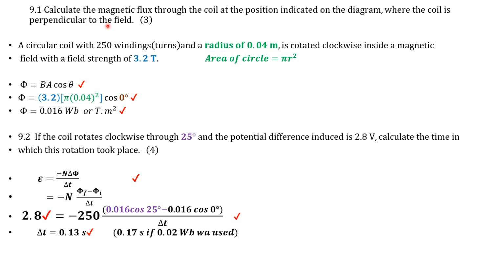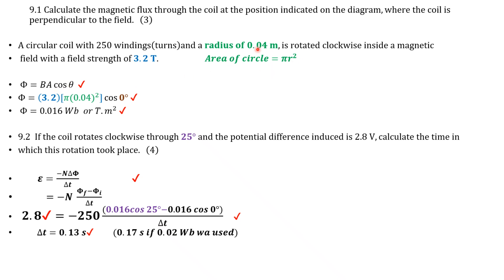Right, so calculate the magnetic flux through the coil, at the position indicated where the coil is perpendicular to the field. So a circular coil, 250 windings and a radius, is rotated clockwise inside a magnetic field of 3.2 Tesla. So assume you remember: magnetic flux linkage equals my magnetic field strength times my area times cos theta. Area for a circle is pi r squared.